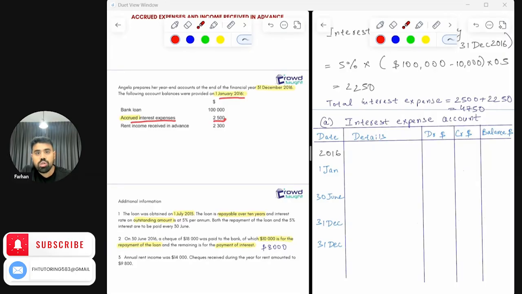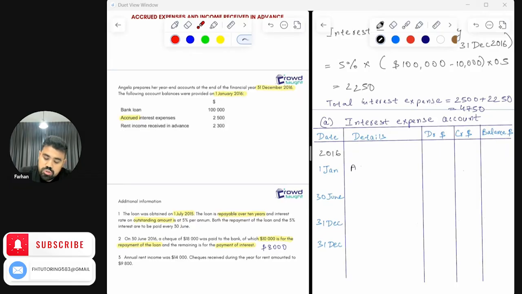We know all liabilities by default are credit, which means when they increase, we credit them. When they decrease, we debit them. This also means that all liabilities should have an opening balance on the credit side. Okay, so 1 January 2016 refers to the opening balance because it's at the very beginning of the financial year, and that balance of 2,500 will be reported on the credit column.